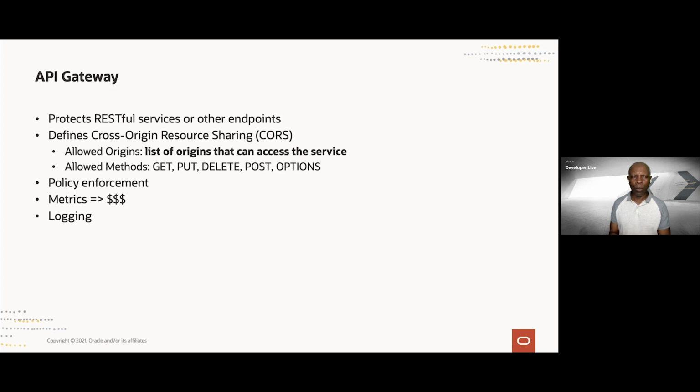You can use it to protect your RESTful services and other endpoints. People also use the API gateway when doing application modernization. So you have a bunch of microservices or Lambda functions running in the cloud, but you also have your legacy application.